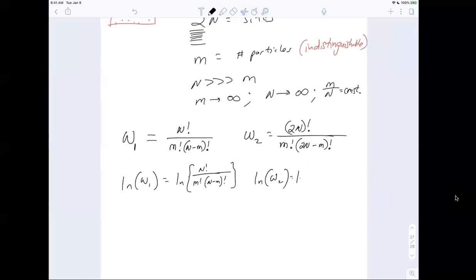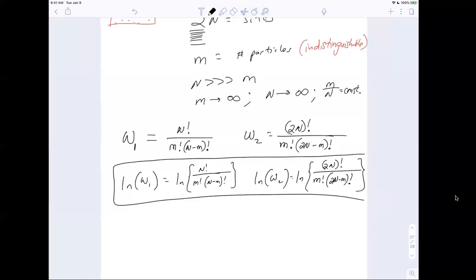It is equal to natural log of 2n factorial over m factorial 2n minus m factorial. So we're going to consider the logs just so we can deal with normal numbers.